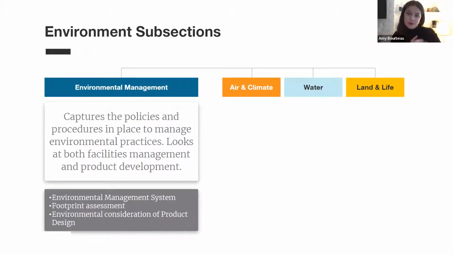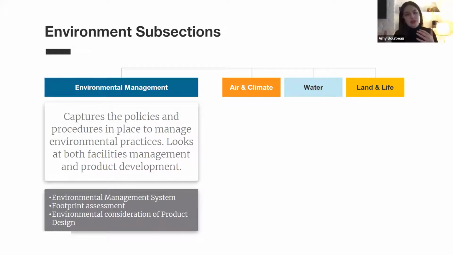So, for example, do you have an environmental management system? Have you done a full footprint analysis to understand what your environmental impact as a company is? What specific policies do you have in place around environmental consideration, etc.? So that's the umbrella piece that looks at how you approach the environment overall.